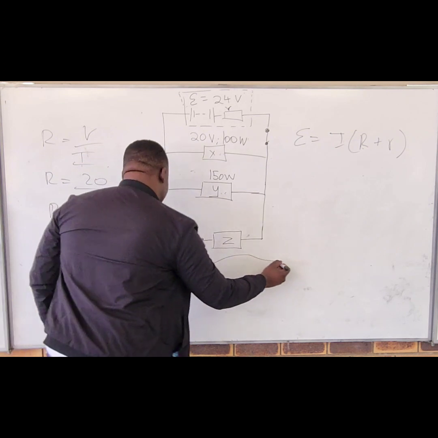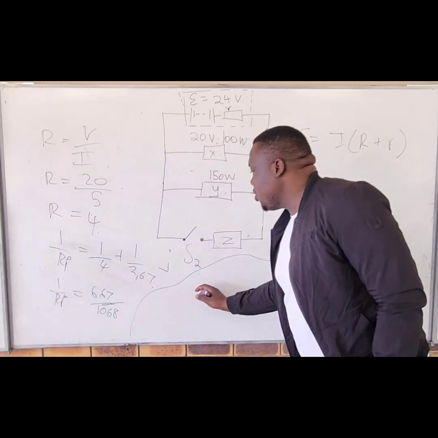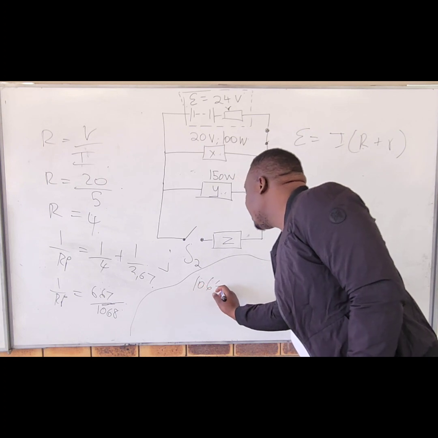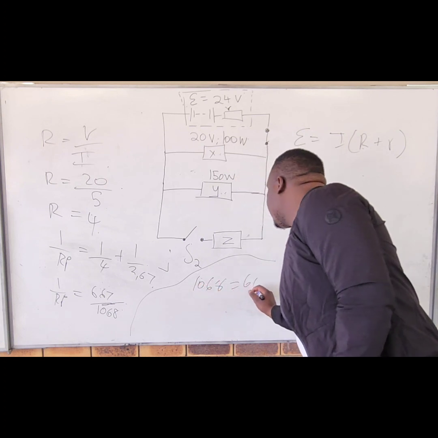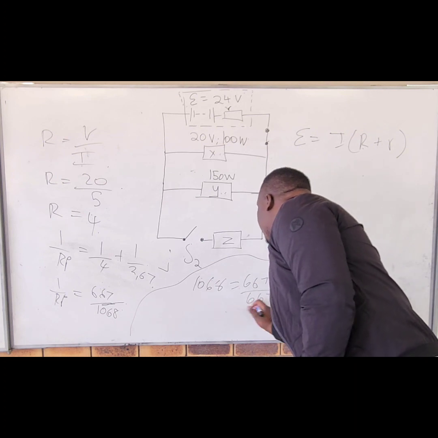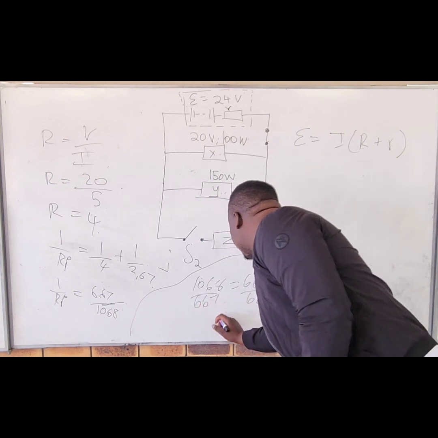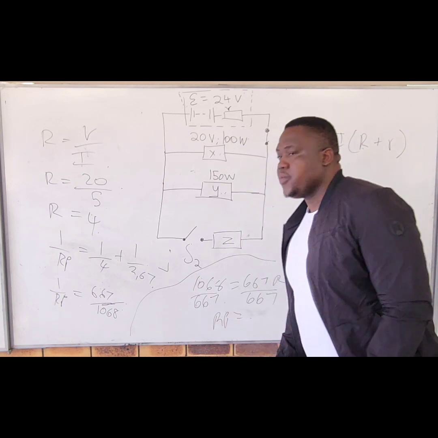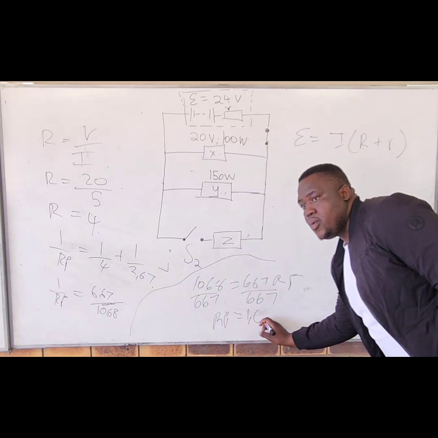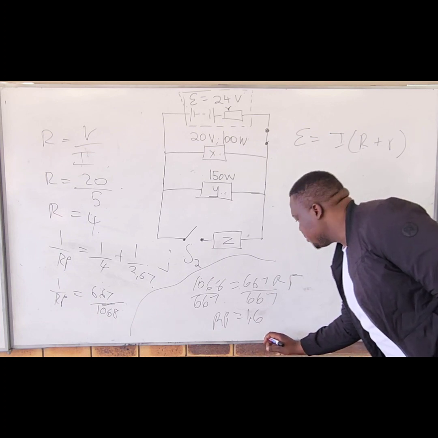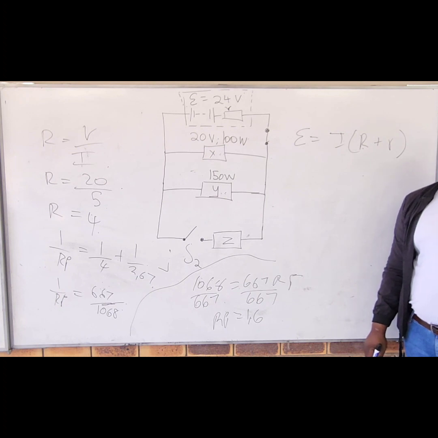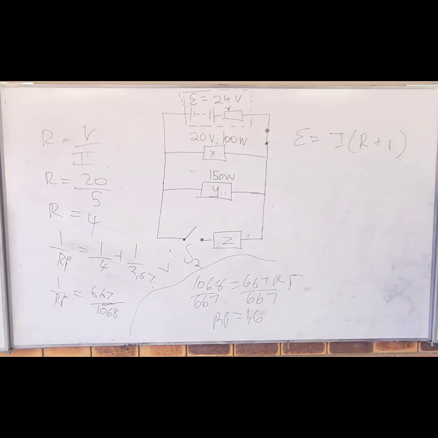But I didn't get it in that way. So then we're going to have 1068 is equal to 667 RP, right? Yeah. Then we divide by 667, we divide by 667. Then RP is equal to 1,6. You all got 1,6. Okay, it's fine. It's 1,6, right?